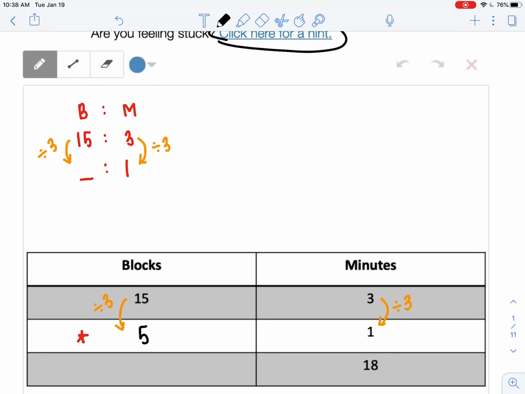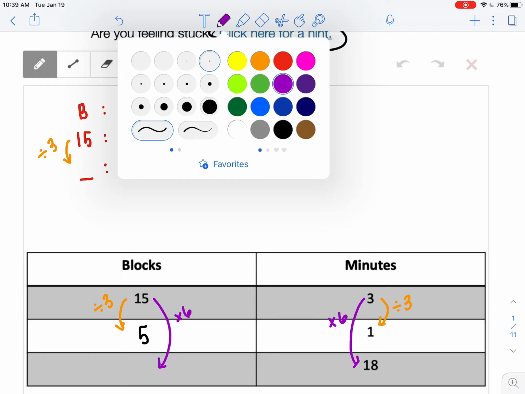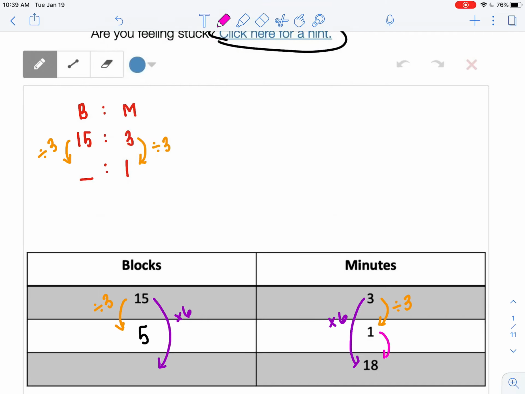Now, I also want to know how many blocks I travel in 18 minutes, and I can use the same strategy. I could either say, okay, 3 times 6 is 18, 15 times 6 is 90, or I could say, okay, 1 times 18 is 18, and 5 times 18 is also 90.